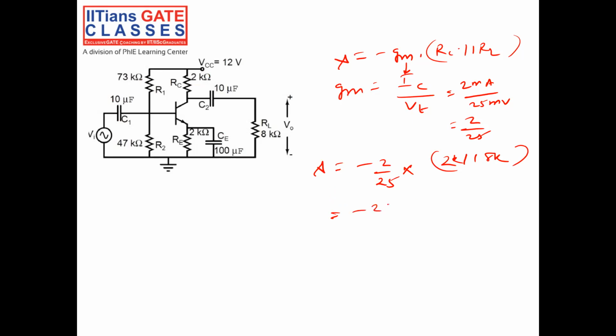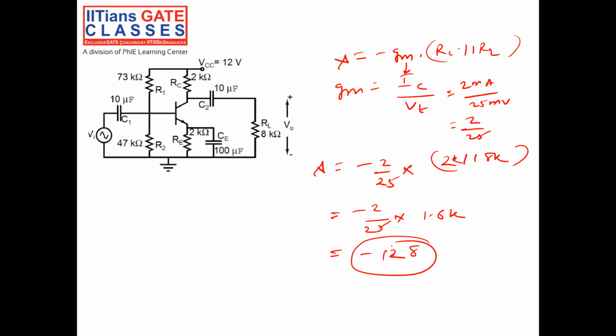So minus 2 by 25 into 1.6K. Let's do the calculation: 2 divided by 25 into 1.6 into 10 power 3. I got minus 128. This is my gain.